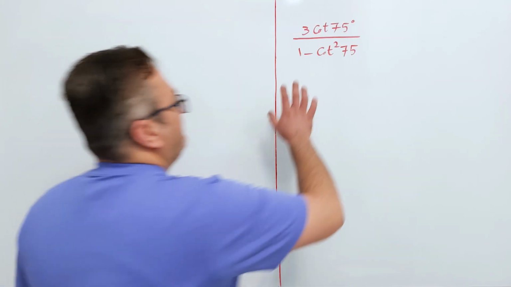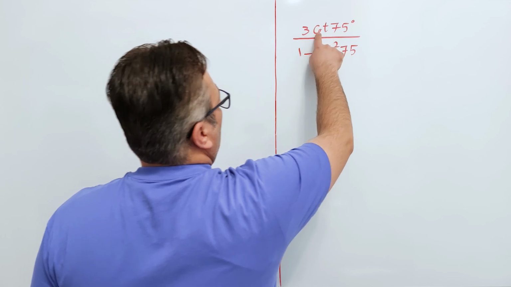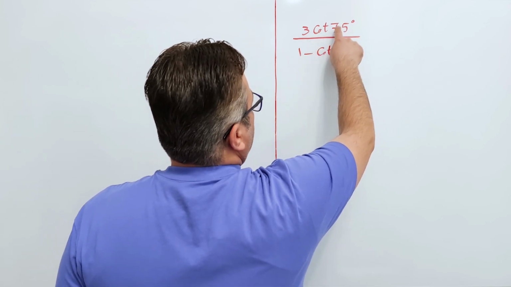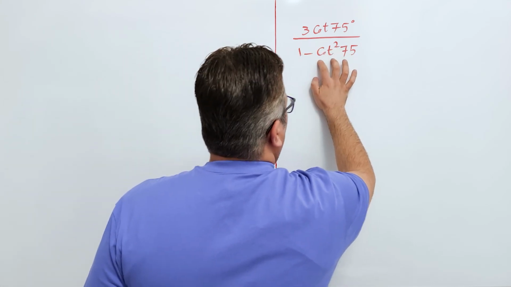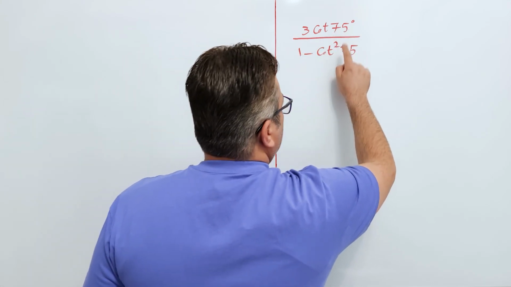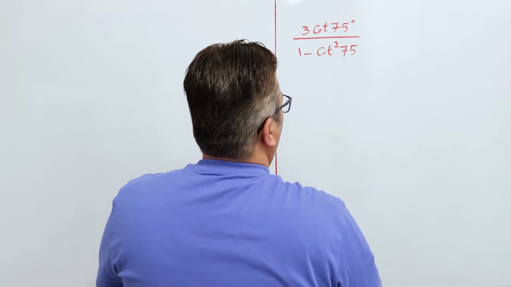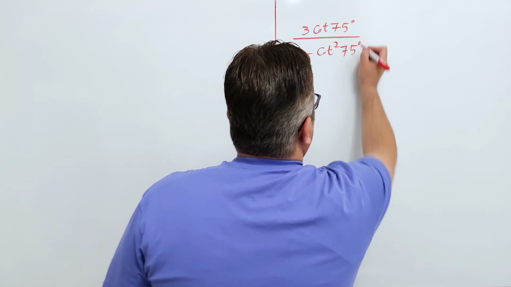Number 2, what is the value of 3 times cotangent of 75 degrees divided by 1 minus cotangent squared 75 degrees?